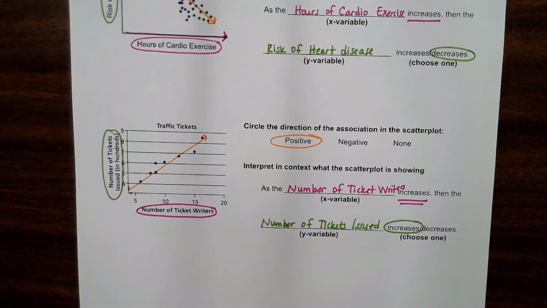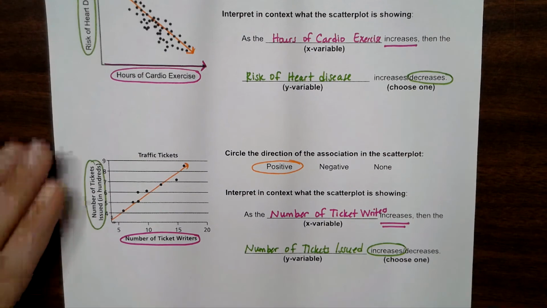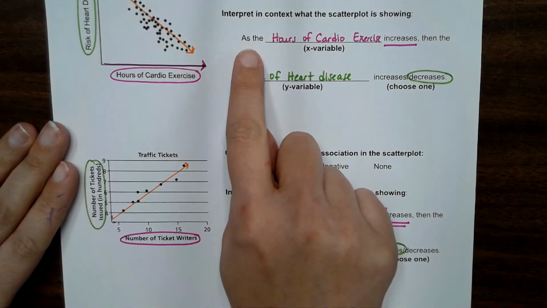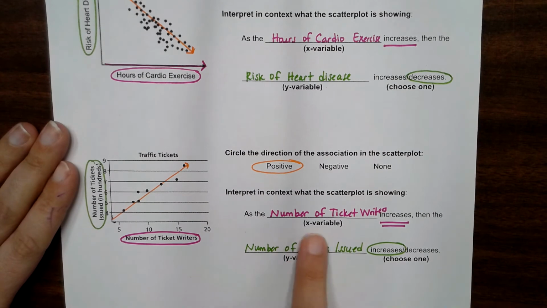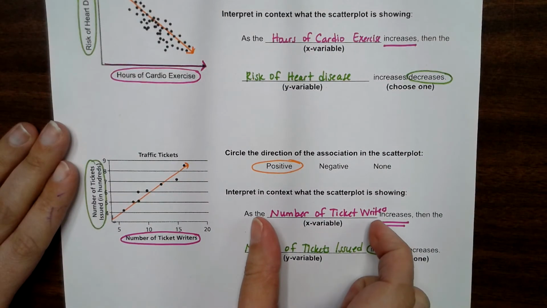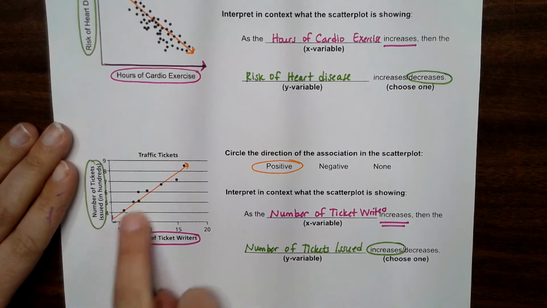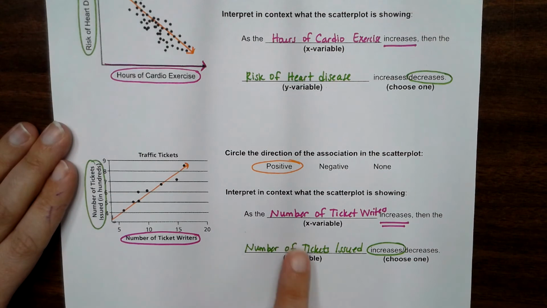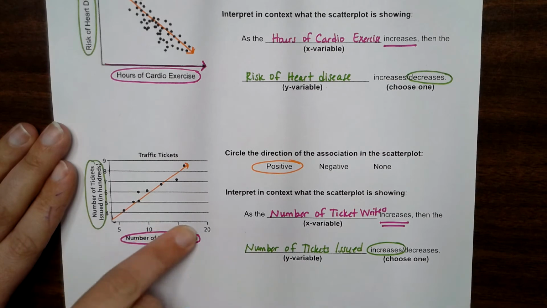A couple things that I want to make sure I really point out before this video is over. We always start with the words as the. We always start with the X variable, as the whatever the X variable is increases. Now, it doesn't matter whether your graph is going uphill or downhill, the X variable is always going to increase because as we read a graph, we always go from left to right.